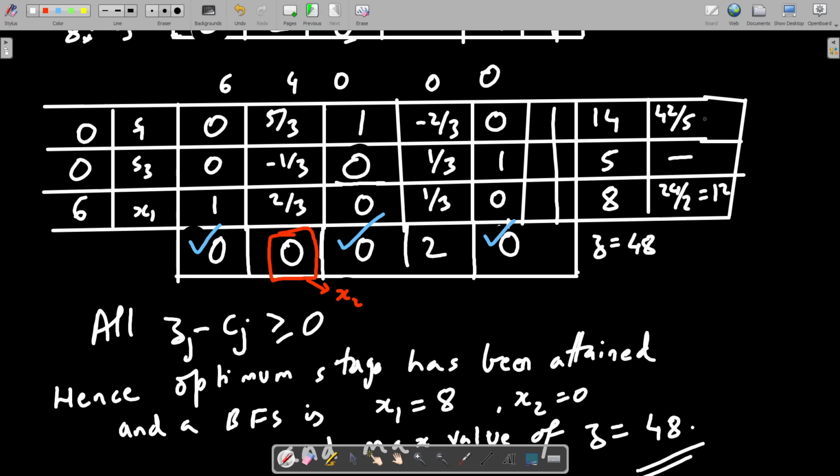Okay, so this is going to become 12. So this is 8.4. 8.4, this is 24 by 12. Right, so who has the least ratio is this one. So this one becomes the pivotal element.